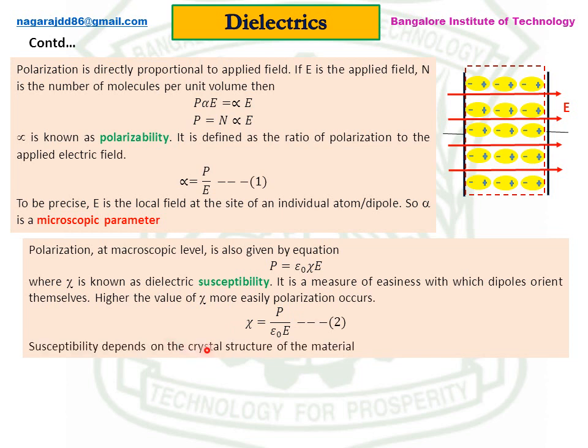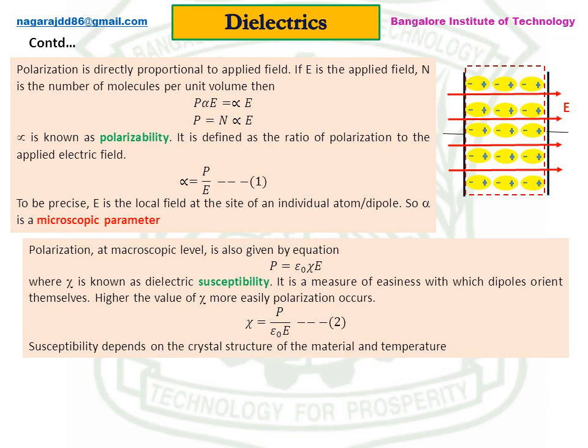Susceptibility depends upon the crystal structure of the material and of course temperature, means how easily these dipoles rotate when field is applied depends upon the atmosphere around each and every dipole, which is nothing but crystal structure, and of course temperature of the whole slab. If temperature increases, the orientation rate decreases, means dipoles cannot orient so easily, so susceptibility decreases.